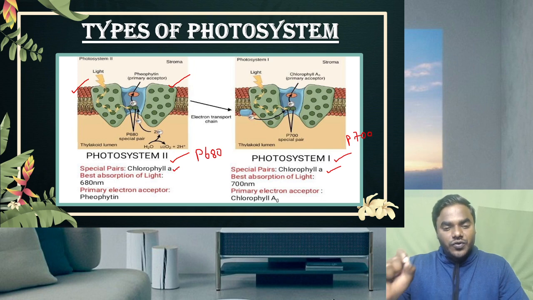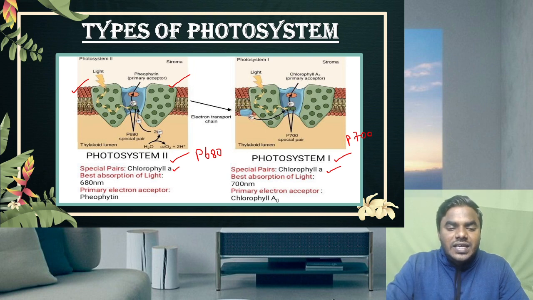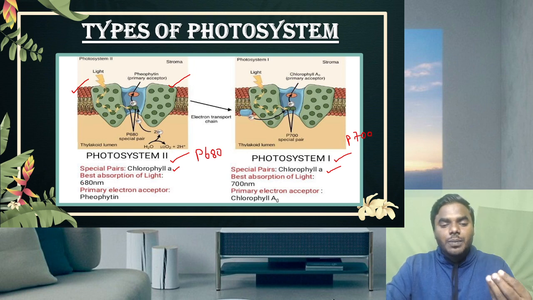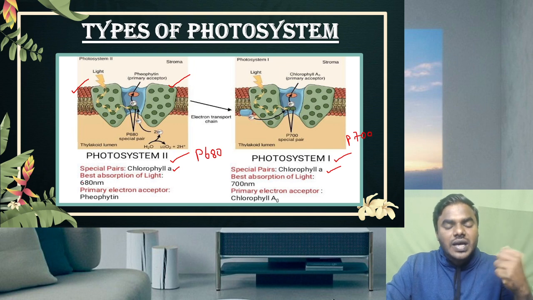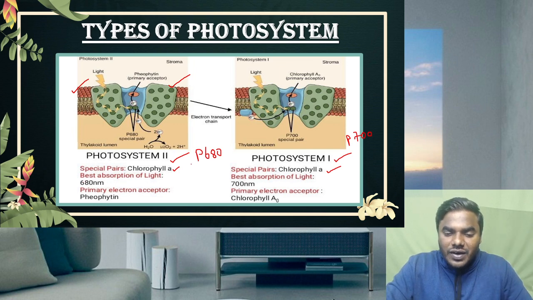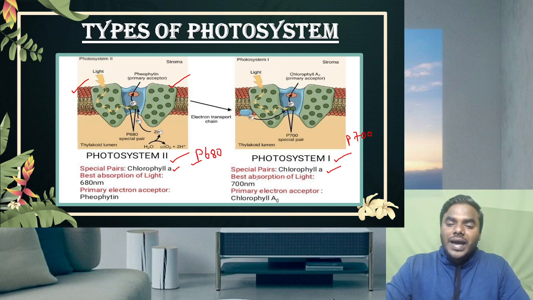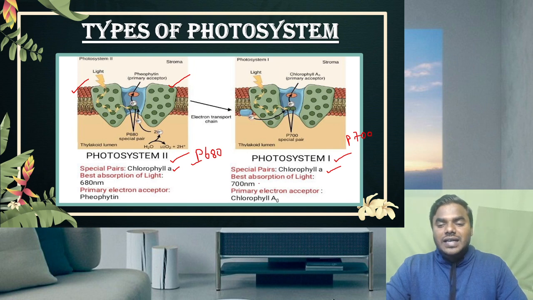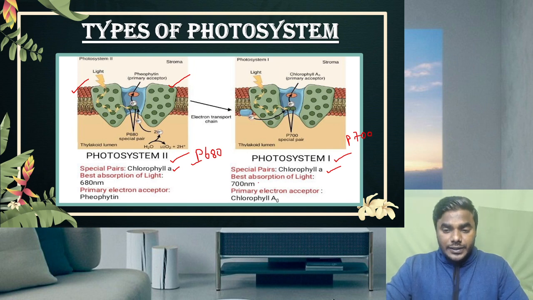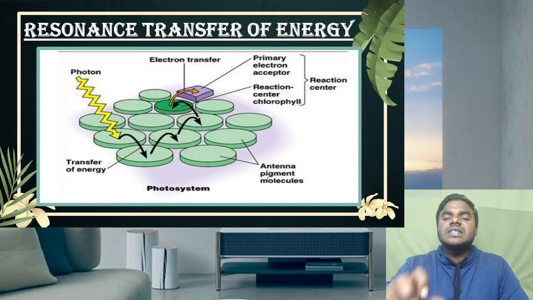Chlorophyll A. So friends, chlorophyll A at 680 nanometer can absorb the maximum amount of sunlight. That's why we have given the name P680. Now the chlorophyll A present in photosystem 1 can absorb the maximum amount of light at 700 nanometer. That's why, friends, we call it P700.